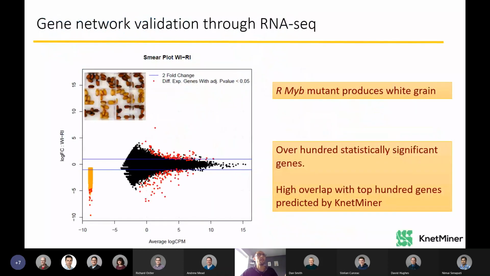And we could see high overlaps between genes in the knowledge graph and the genes that were differentially expressed. So this is a reverse genetics approach showing you that there is a lot of information that can be derived and inferred from the knowledge graph without actually doing the experiments, potentially, if the knowledge graph is very rich, powerful, and has clean data.